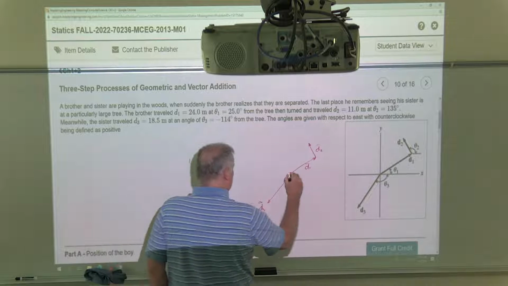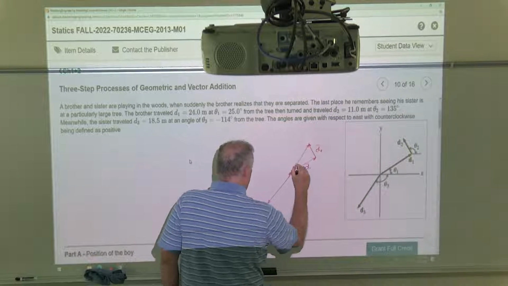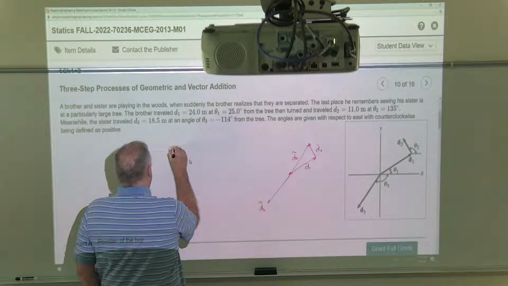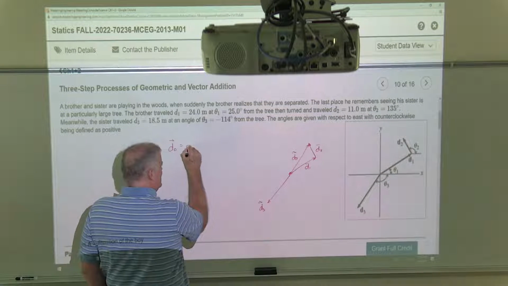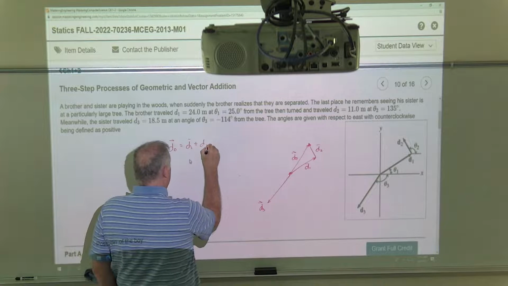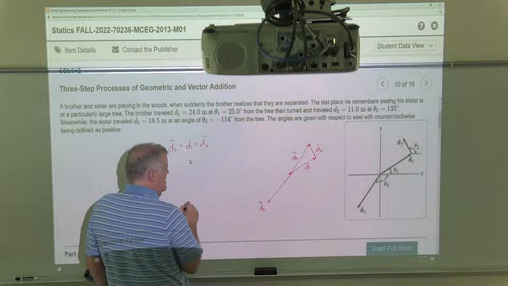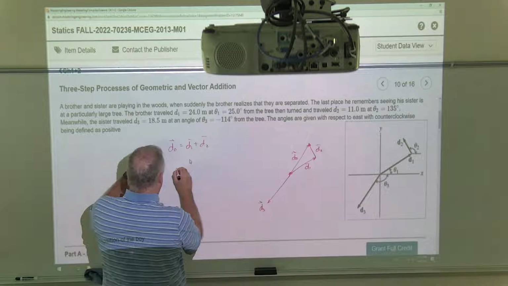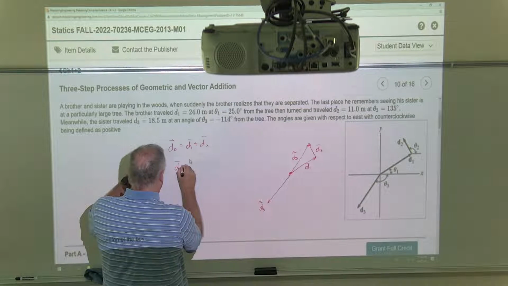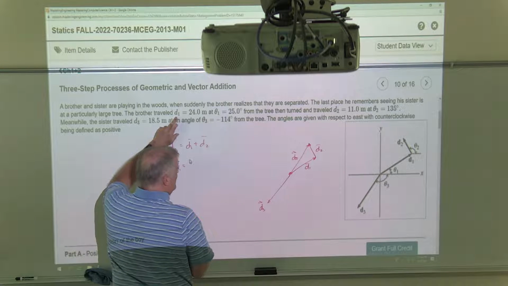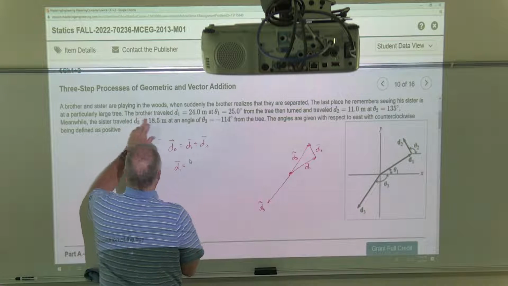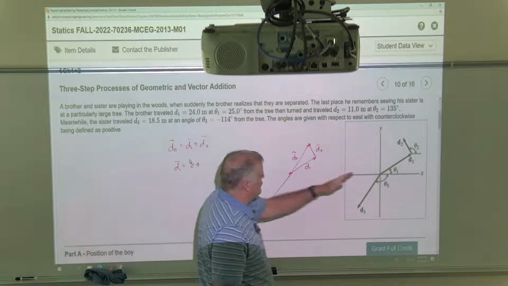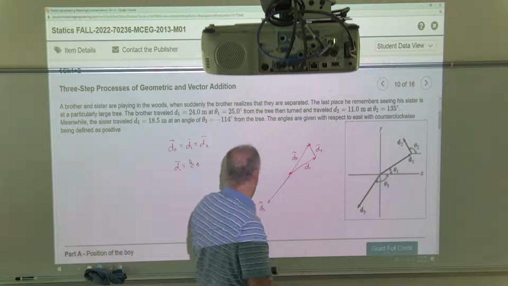All you're doing is finding D0, which is equal to D1 plus D2. If you look at D1, it's nothing more than, I can line these up, the brother traveled 24 at angle theta, the angle between there.